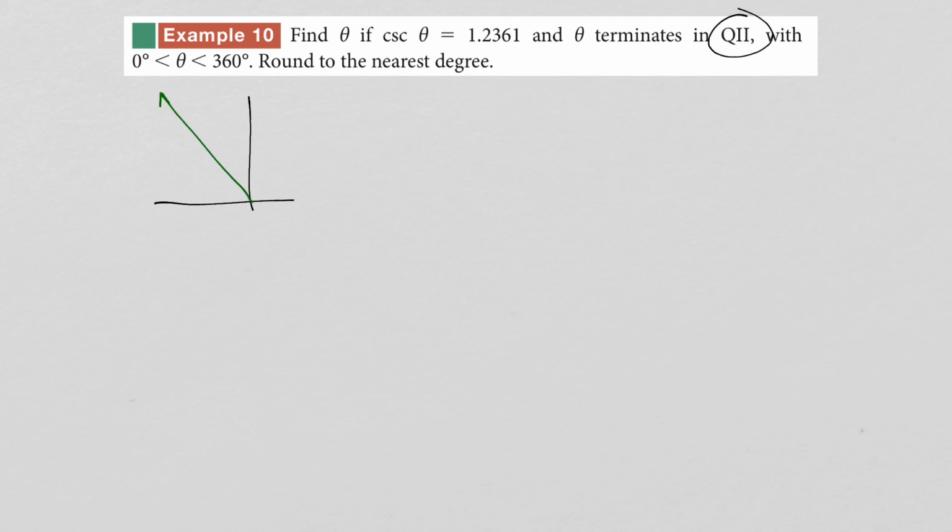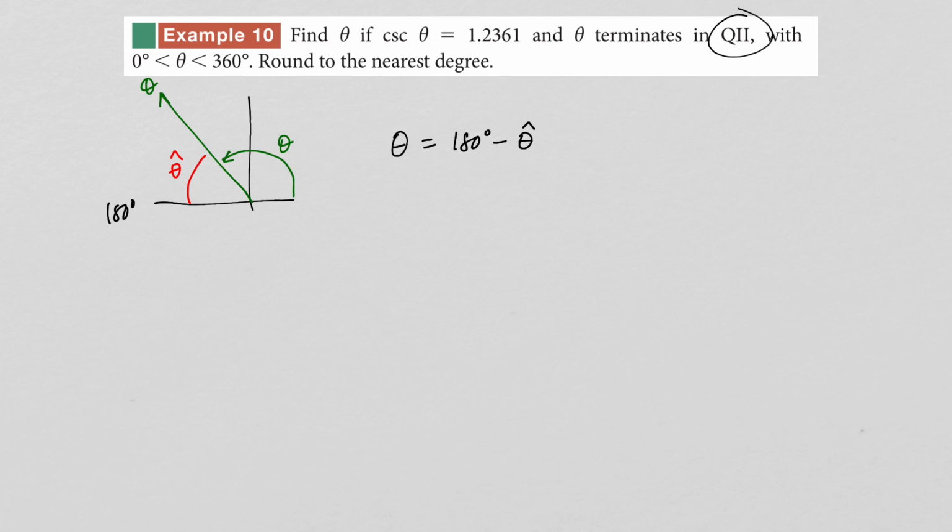So here's an angle in the second quadrant. This is theta. We know that this angle over here is 180. So here's the reference angle theta hat. So to get theta, theta will be 180 minus the reference angle theta hat.